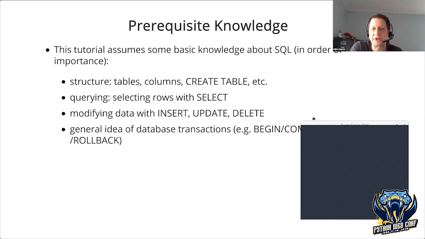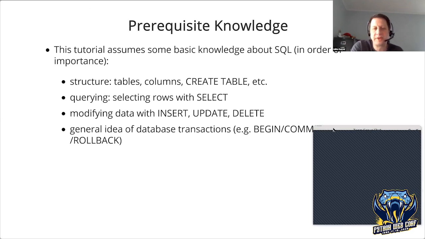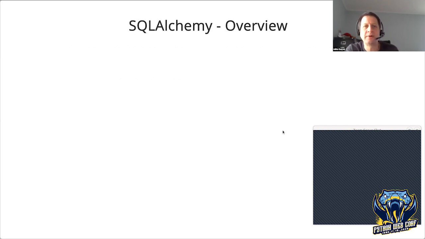The general idea of a transaction is good to know. And SQL joins and grouping are not that important for what we're talking about. These are things I'm going to be showing how to do in SQLAlchemy, and if you don't know what they are in SQL, it would make less sense, but you can always review later.